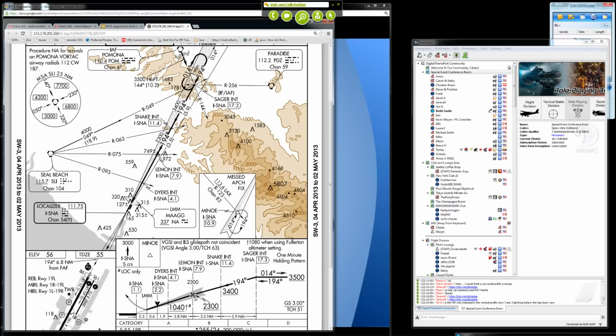There is only one lightning bolt down here, and that is the glide slope, minimum glide slope intercept altitude. The lightning bolt up here means that that part of the diagram is not necessarily drawn to scale, if memory serves.